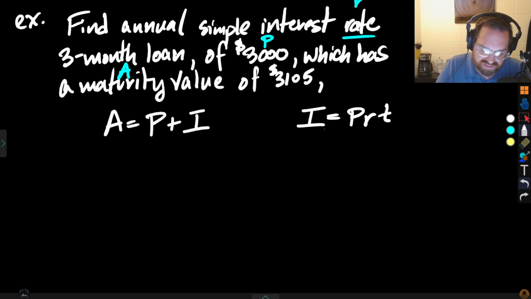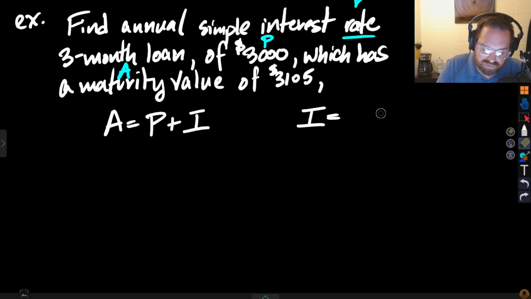So let's figure out what this is first. I know that this is going to be the difference between how much I have to pay back. Actually, so I don't really need the PRT formula here, okay?